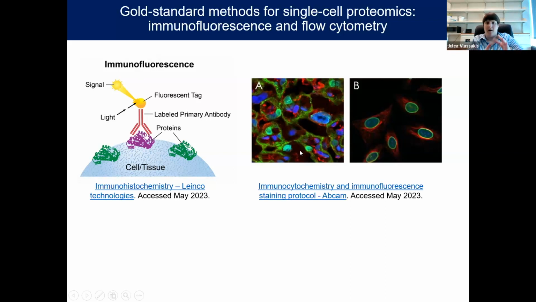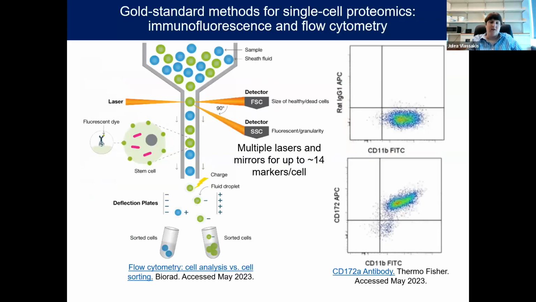But overall, I think we can say that the vast majority of the techniques we'll talk about today are semi-quantitative at best, so you can measure relative levels. Some of them can be brought to absolute quantitation with careful calibration. Okay, so that's the low throughput standard for immunofluorescence.